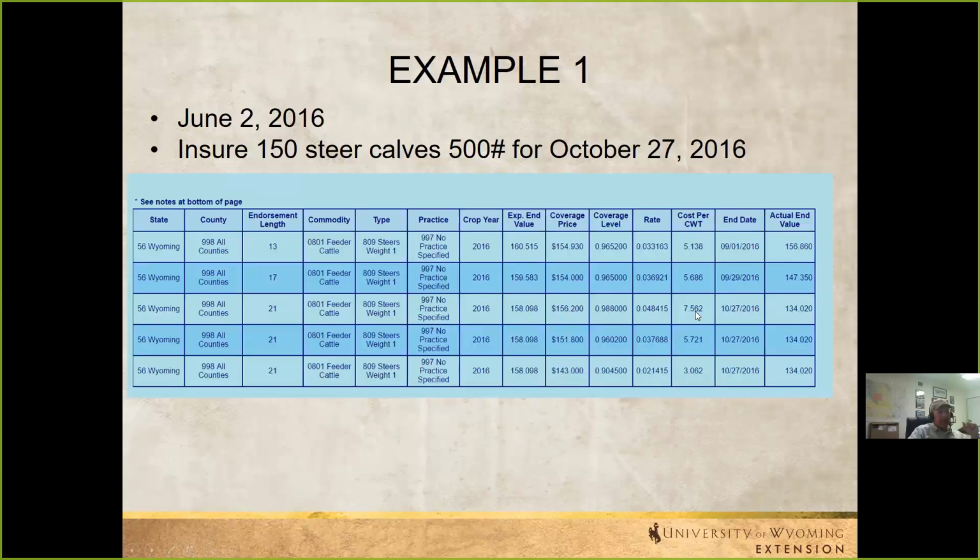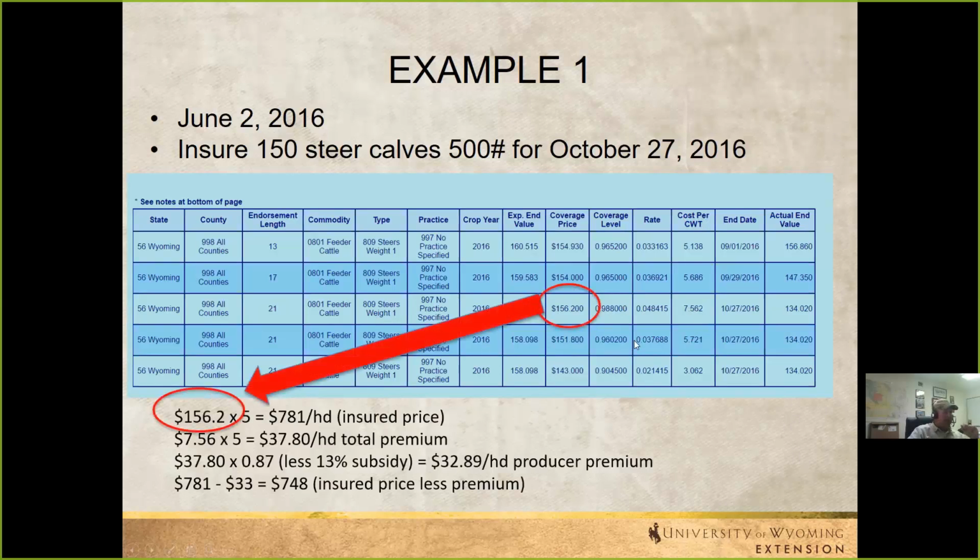We go to the next column, and that tells us what it costs. Cost per CWT, or per hundredweight. It's going to cost us $7.56 per hundredweight. So if I'm protecting a 5-weight steer, I multiply that number by 5. Now let's work through this a little bit. I've put in some helpers here to do it.